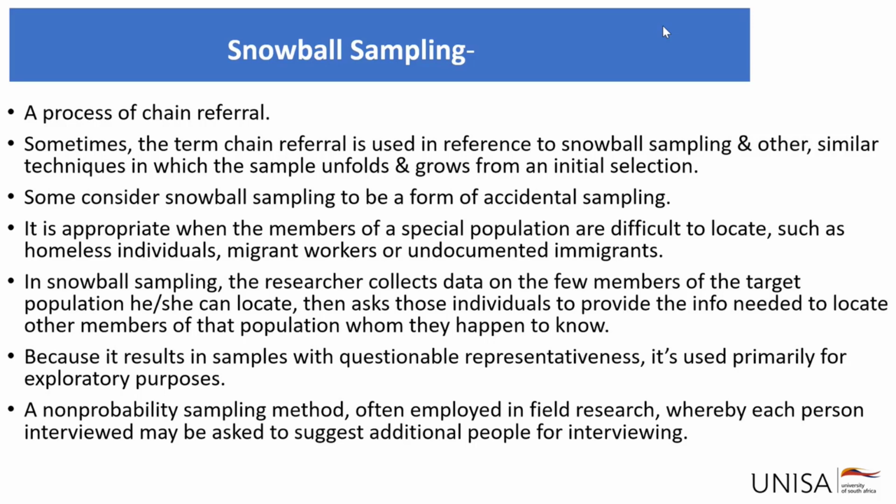Do you know of others that I can also talk to? So what are you doing? You're really just doing snowballing. Because it results in samples with questionable representativeness. Because remember, you're not necessarily going to have a representative sample from the population. It's just snowballing according to who I know and who the next person knows.